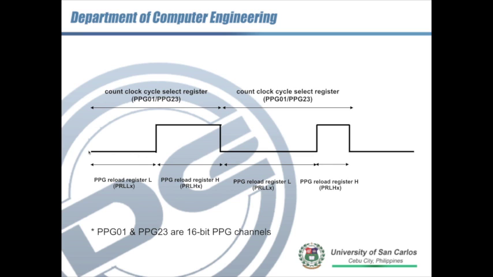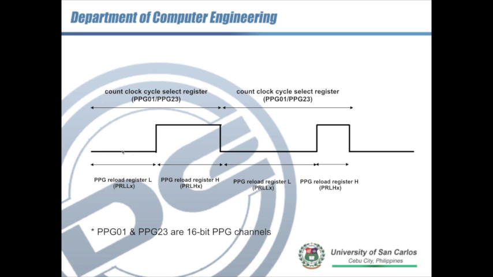If we are using 8 bits, the count between here and here is just 256. If we use the 16-bit timer, we have a count of about 65,000 from the start to the end of the cycle.